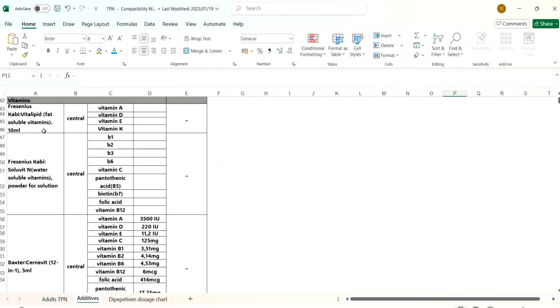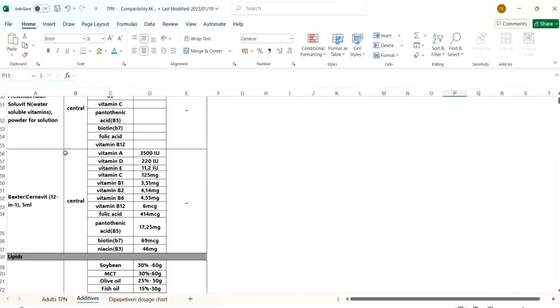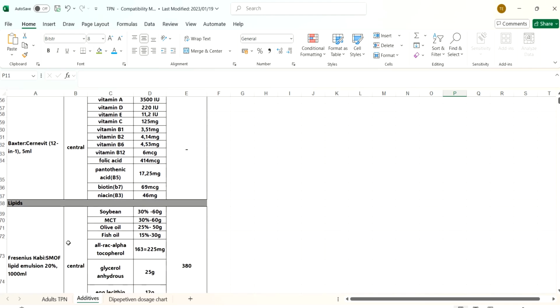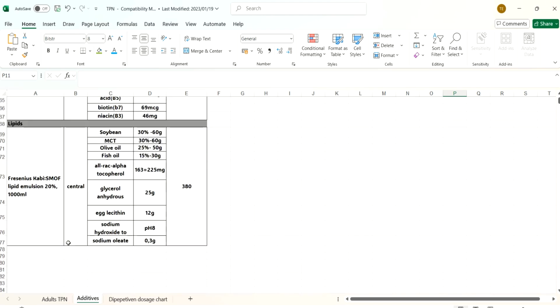So for example, Vitalipid, fat soluble, Soluvit, water soluble. Cernevit contains both fat soluble and water soluble vitamins. Then I also have a section for lipids. So the SMOF lipid emulsion with the different percentages, the amounts, etc.